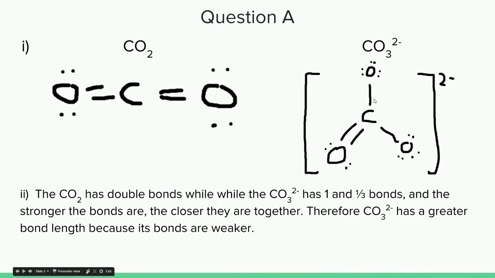To draw Lewis structures, we do 1, 1, and 2, but in real life it would be like 1 1/3, a partial one for each. So that's why I got 1 1/3. And as the strength of the bond goes up, the closer the atoms are together. And therefore, CO3 2- has a greater bond length because its bonds are weaker compared to CO2.